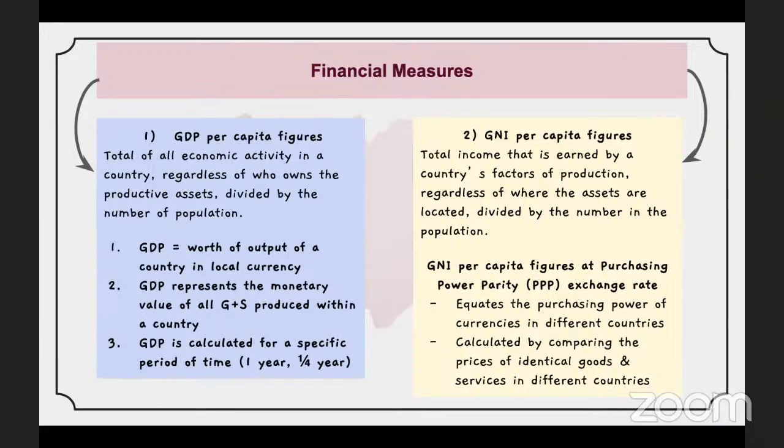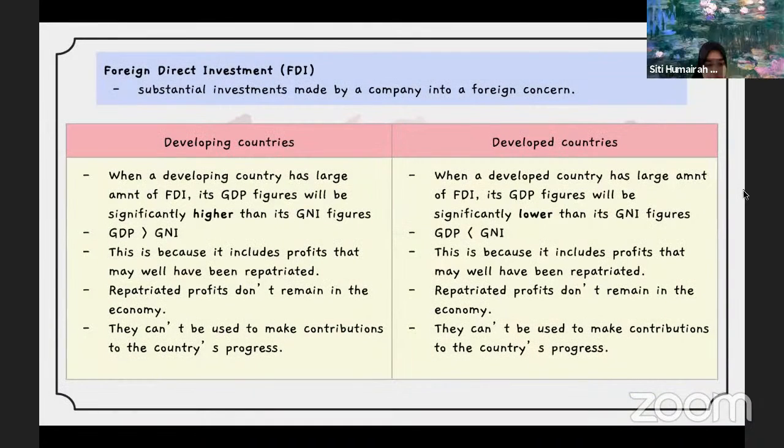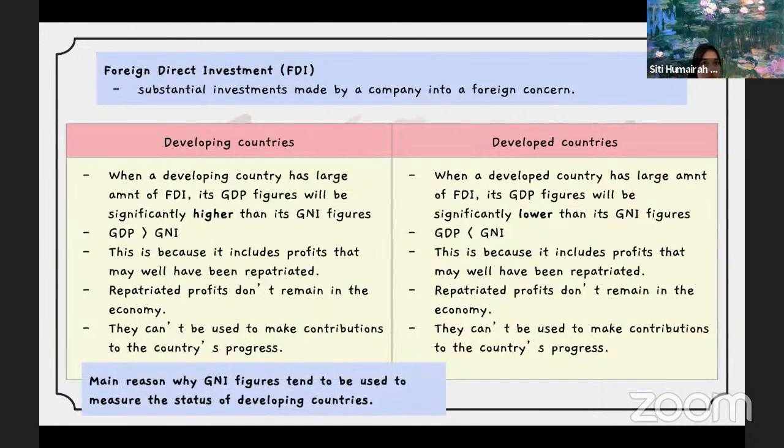Okay, so let's move on to the next one. Under GNI, there is also foreign direct investment that will affect the GNI figure. Foreign direct investment is the substantial investments made by a company into a foreign concern.